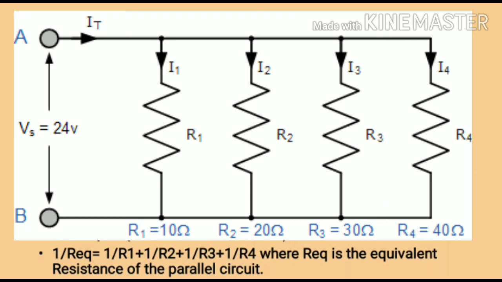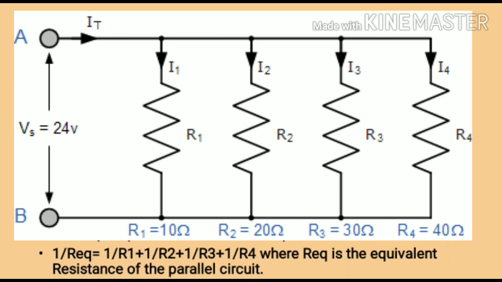Applying Ohm's law, we have IT total current equal to Vs by R equivalent, where Vs is the voltage source, and I1 equal to Vs by R1, I2 equal to Vs by R2, I3 equal to Vs by R3, I4 equal to Vs by R4.